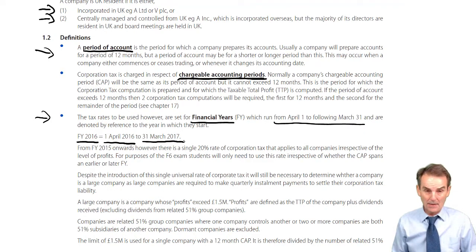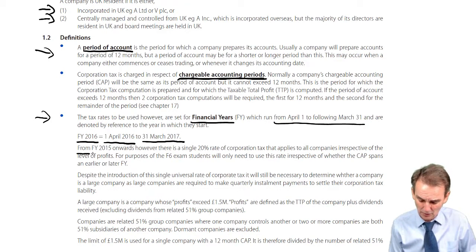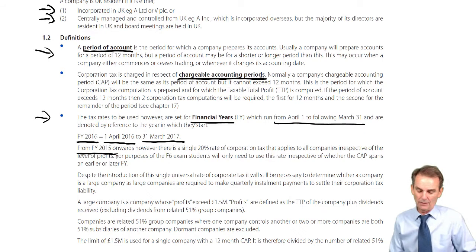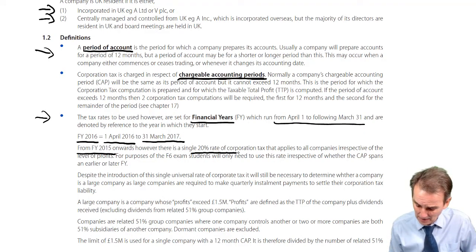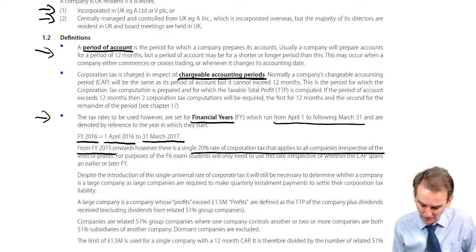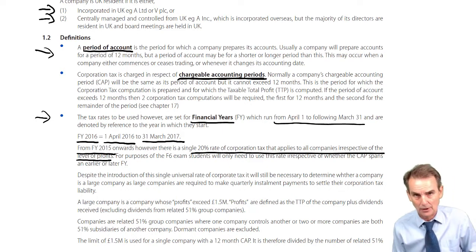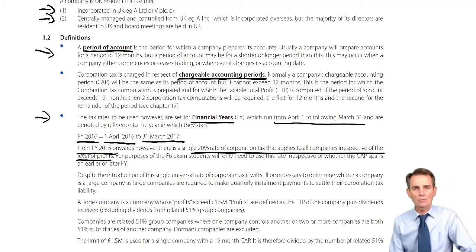But as we've said, from financial year 2015 onwards, we now have just a single 20% rate of corporation tax that applies to all companies, irrespective of the level of profits. We used to have a situation where there was a rate for small companies and a separate and higher rate for large companies.